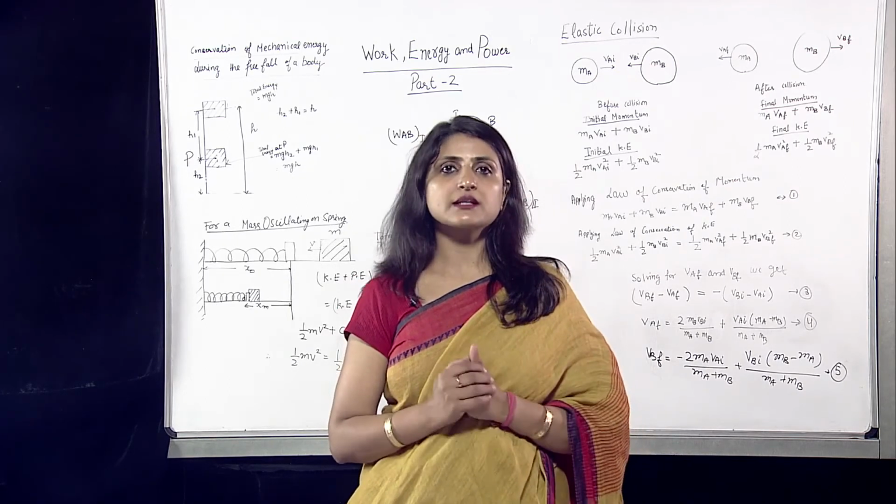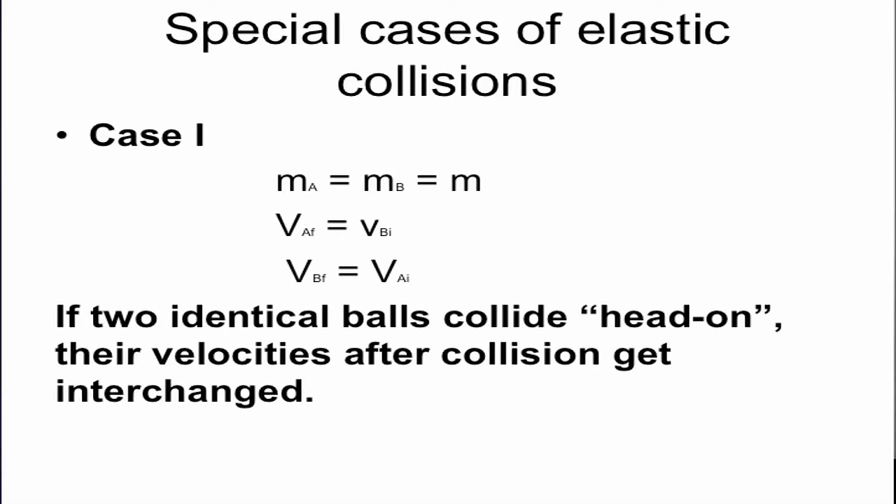So, let us discuss case 1. This is a special case of elastic collision, where the mass of ball A is equal to the mass of ball B, equal to m. Then we have VAF equal to VBI. Similarly, putting this in the second equation, we get VBF equal to VAI.